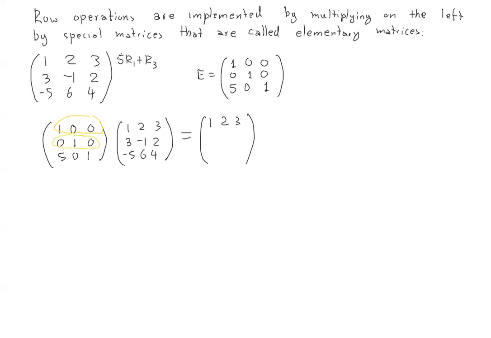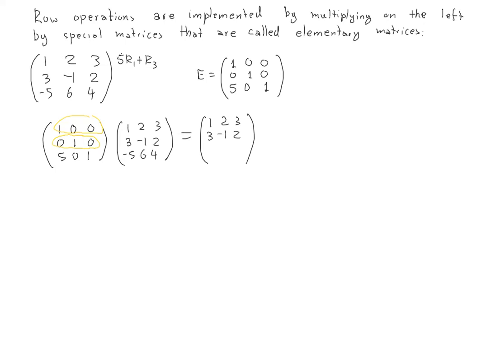Then what will happen when you multiply the second row by each of the columns? Take a look at it. So when you multiply 0, 1, 0 by 1, 3, 5, the only thing that survives here is the number 3. Okay, so you're going to get 3, -1, 2. So nothing changes there. And now the really nice thing is what happens when you multiply 5, 0, 1 by 1, 3, -5.